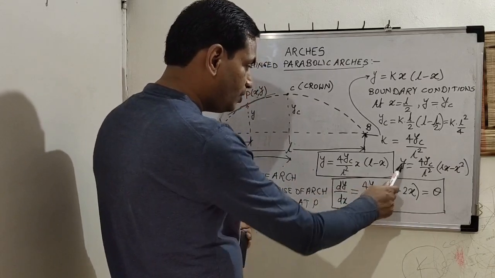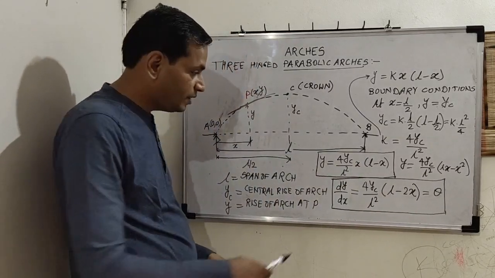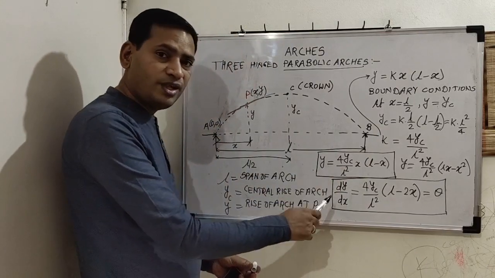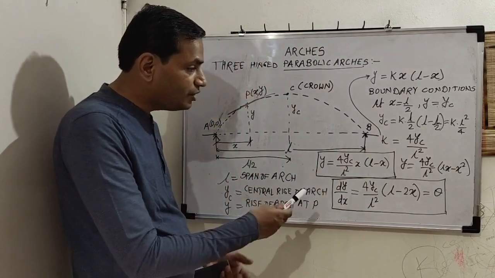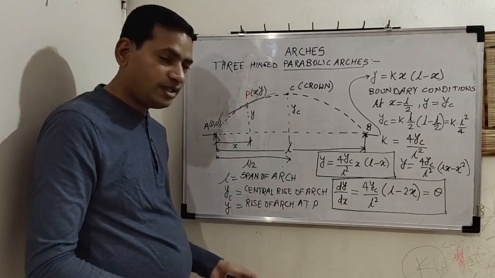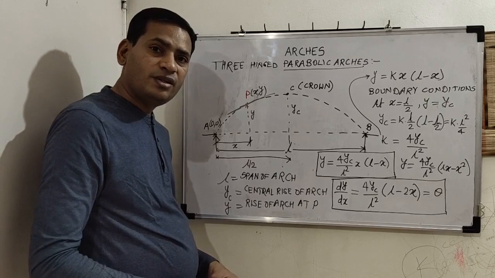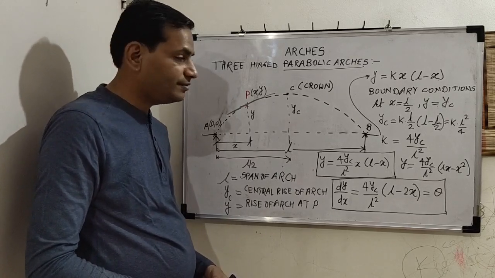We just have to differentiate this, you will get these two equations, very simple. Remember these two equations, these are very important in three-hinged arches. We will be requiring these two time and time again, okay. So in next session we will start solving different types of problems and some different concepts. Thank you.